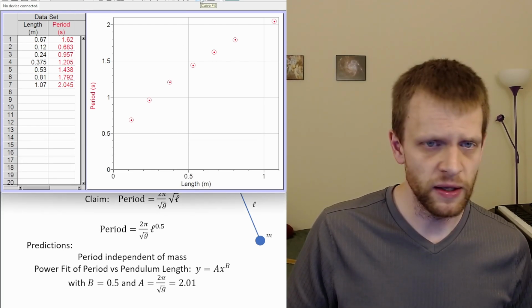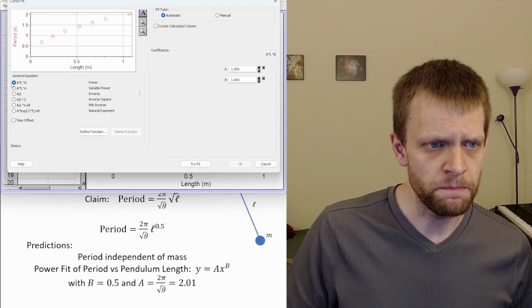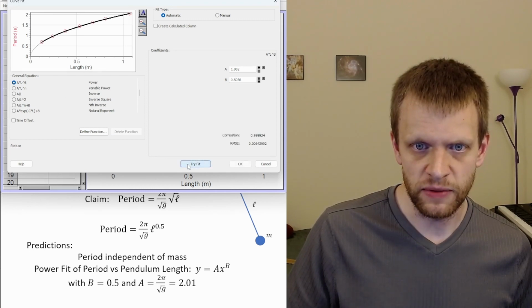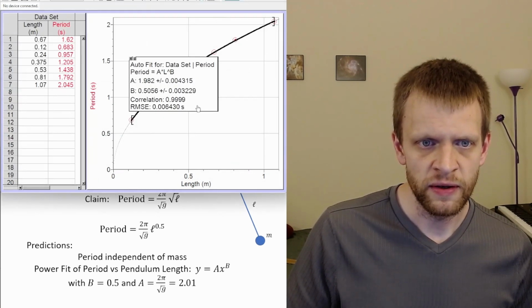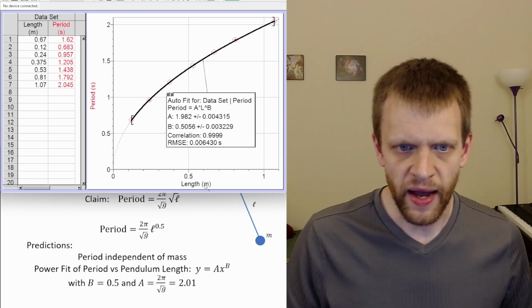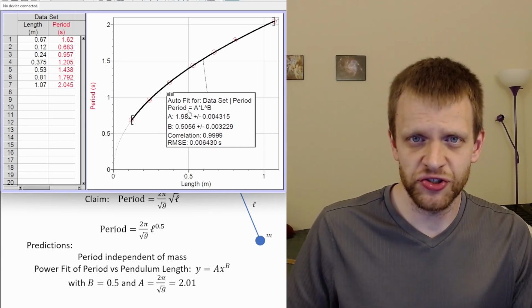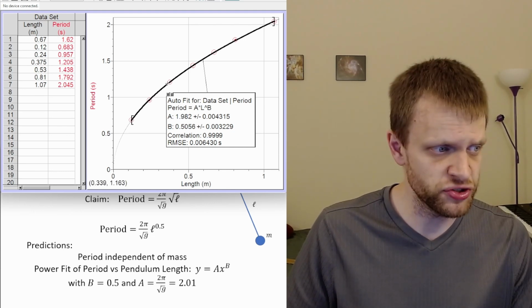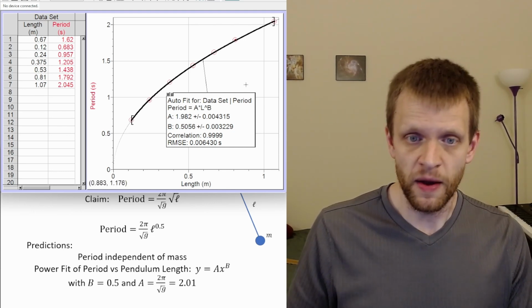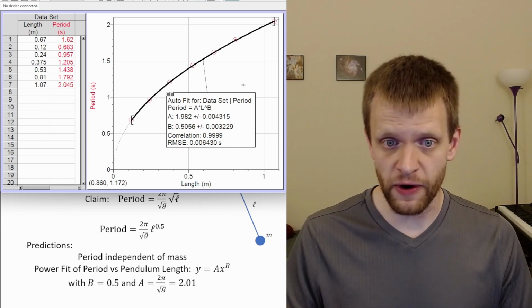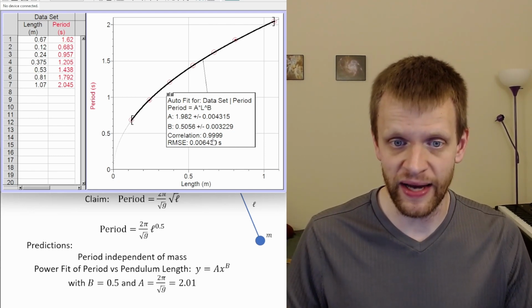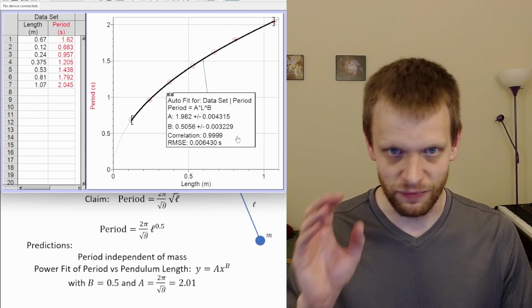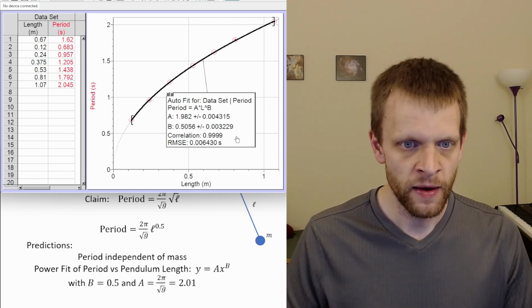So if I apply a power fit to this data, let's try the fit. Hit OK, and let's see what we got. This data is making this power fit pattern, and notice that the best fit curve matches the data very, very well. We've got a correlation of 0.9999, so a really good fit for this data.